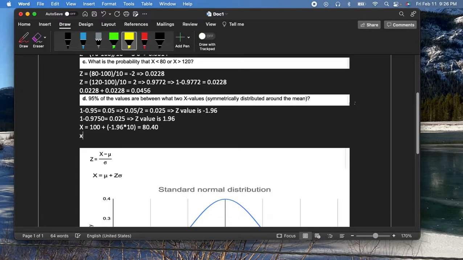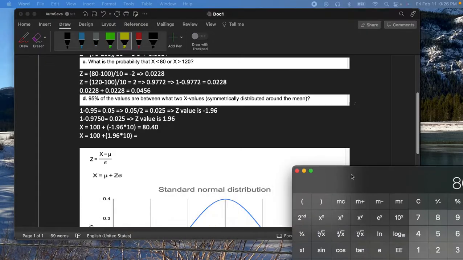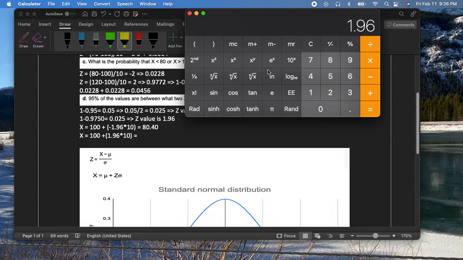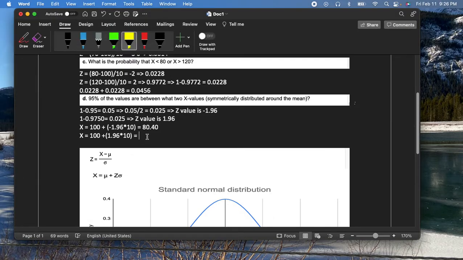Now the other x value is going to equal 100 plus, in parentheses, 1.96 times 10. 1.96 times 10 equals 19.6, plus 100 equals 119.6.